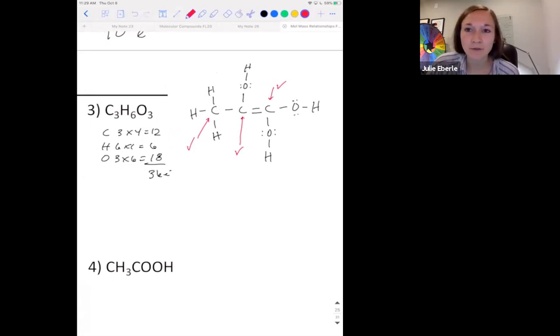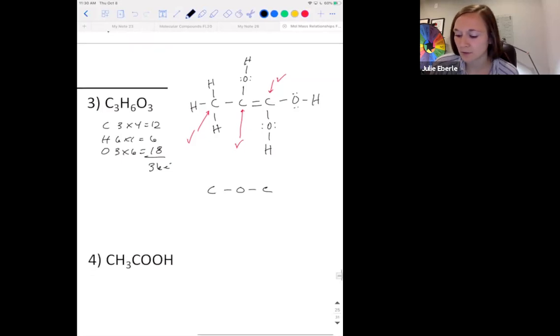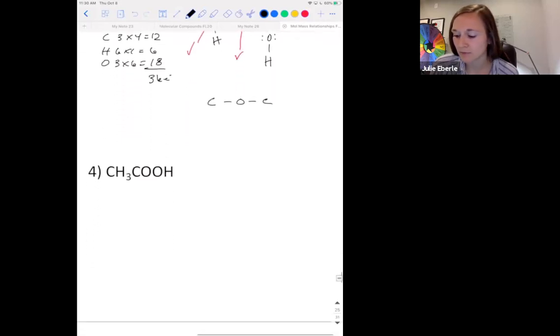There's so many other different ways you could probably draw this structure. Instead of connecting all 3 carbons, you could probably put oxygens in between the carbons and things like that. But I don't want to take too much time on this one structure because I want to get to other things as well.